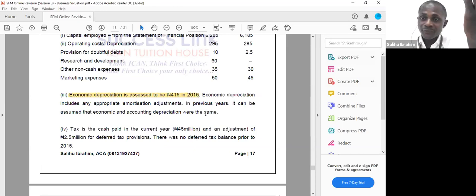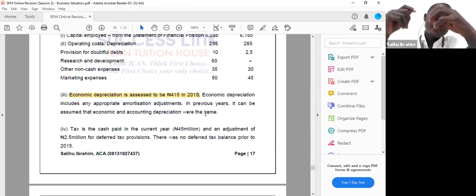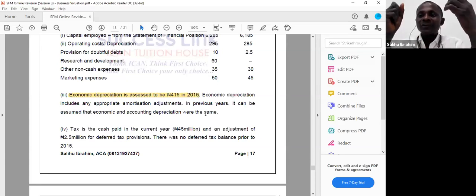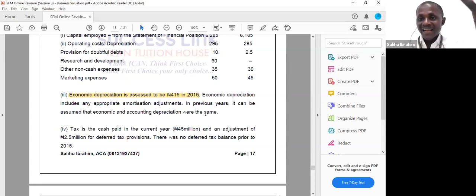So what does this mean? Before 2015, there was no deferred tax, but in 2015 we now have deferred tax of 2.5. Is that an increase or a decrease? Obviously, it is an increase in deferred tax. And I've told you that when computing tax, an increase in deferred tax is added, while a decrease in deferred tax is deducted.